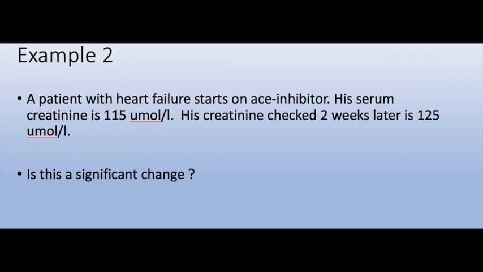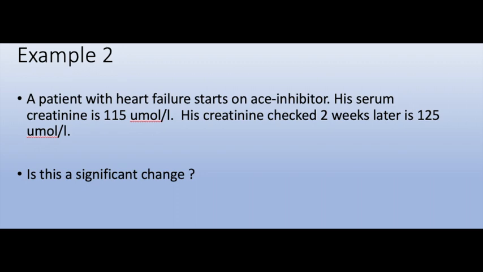Let's look at another example. A patient with heart failure with a creatinine of 115 micromoles per liter starts on an ACE inhibitor. His creatinine is checked after 2 weeks and is found to be 125 micromoles per liter.